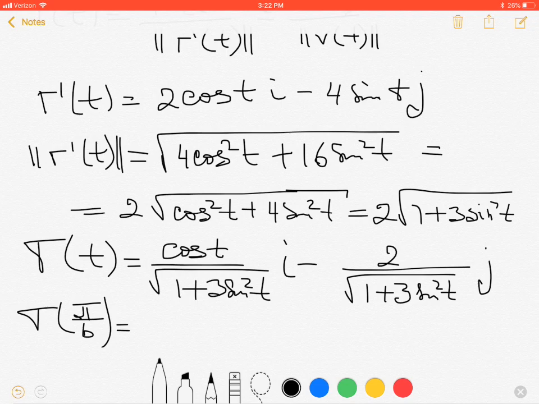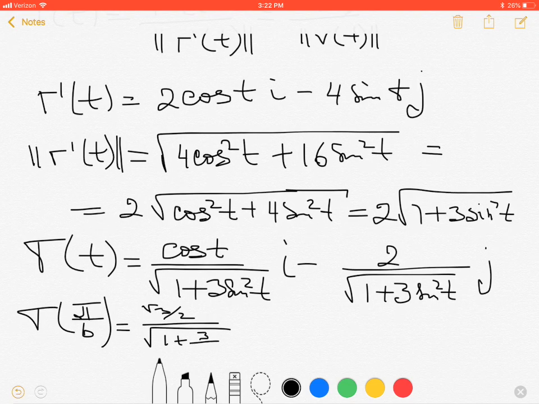When I evaluate, cosine pi over 6 will be square root of 3 over 2. Sine will be 1/2. This means 1 plus 3/4, i minus... Okay, guys, here I forgot to write sine.